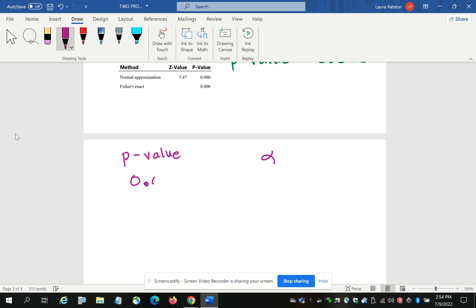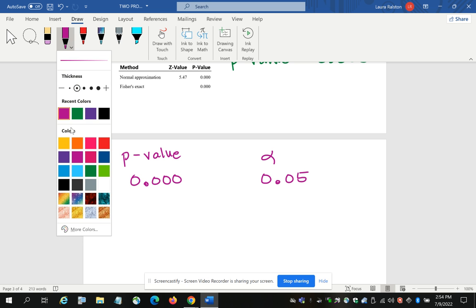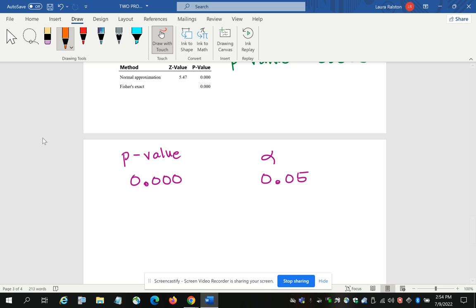So we're going to compare 0 to 0.05. Again, comparing digit for digit. First digit after the decimal in both cases is 0. Second digit for the p-value is 0. For alpha is 5. 0 is less than or equal to 5. So the p-value is less than or equal to alpha. When p is less than or equal to alpha, we reject the null.